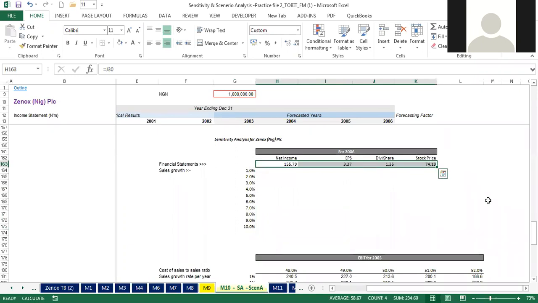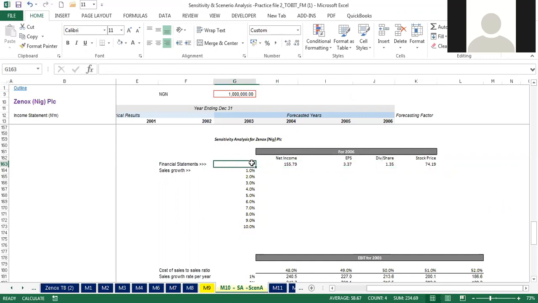So our objective is to see the impact if we change the forecasting factor, which of course is going to be affected by the sales growth. What will be the impact on net income, EPS, dividend per share, and stock price? Do you understand now? All right. So can you all see this now? I want to repeat this.